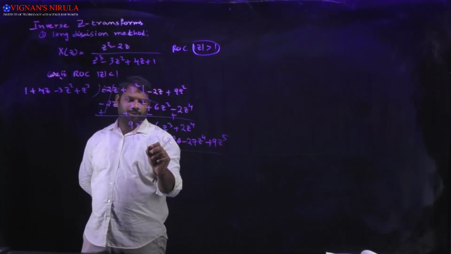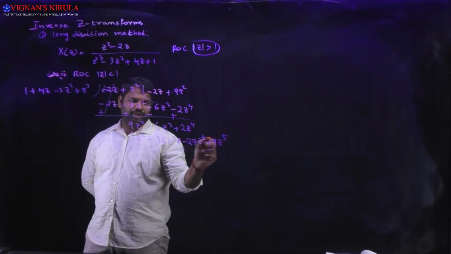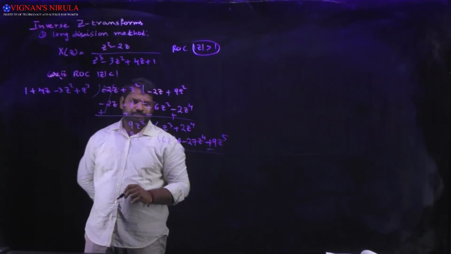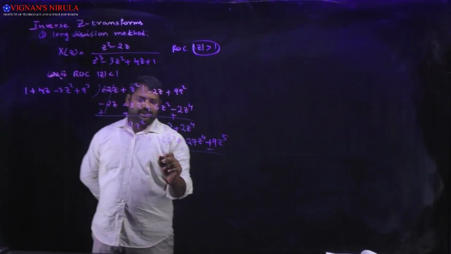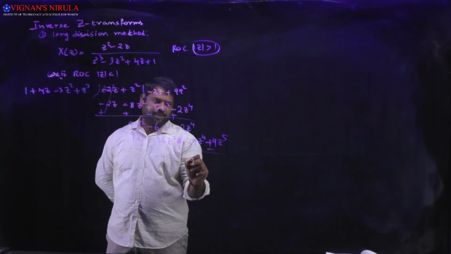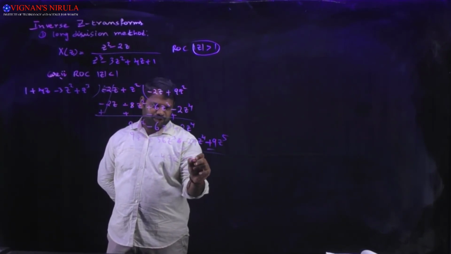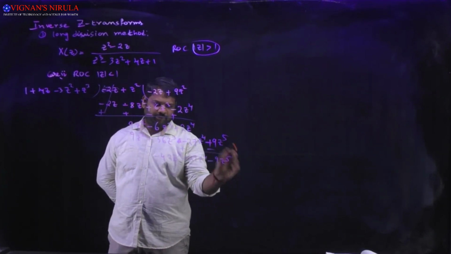This negative, negative, positive, negative. That is minus 36 minus 6. It is minus 42z cube plus 29z power 4 minus 9z power 5.